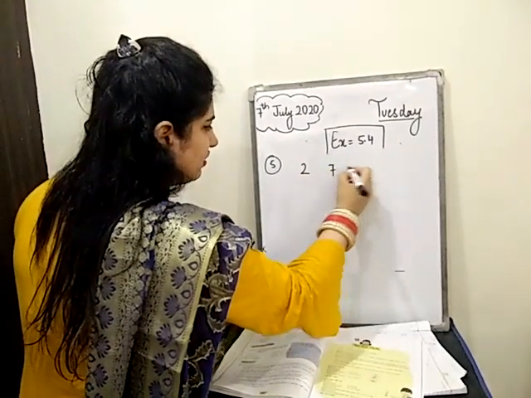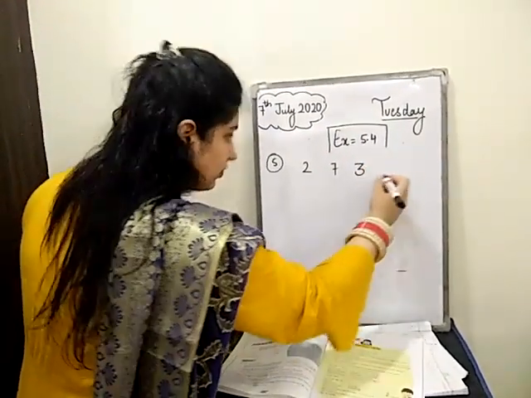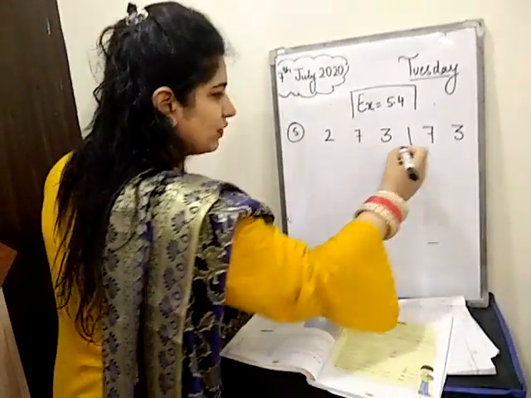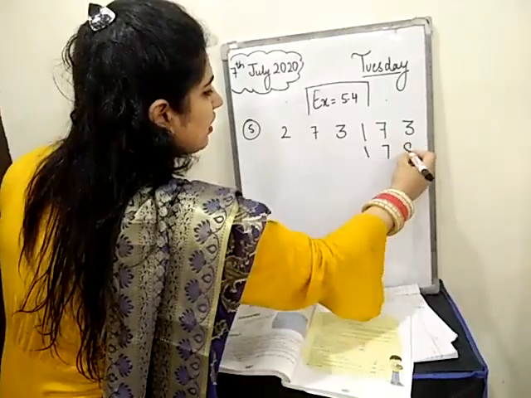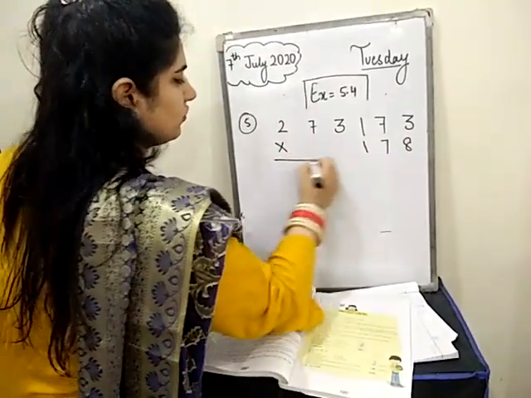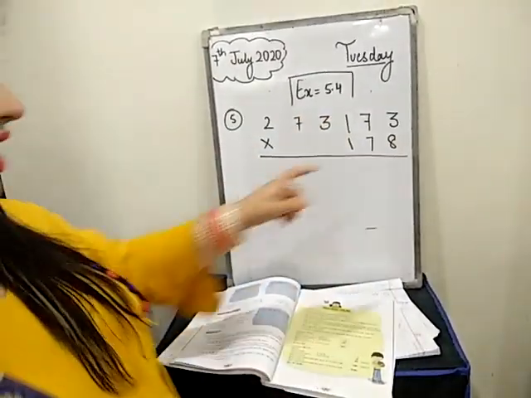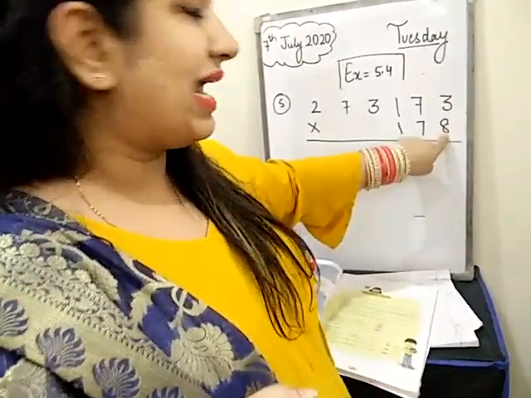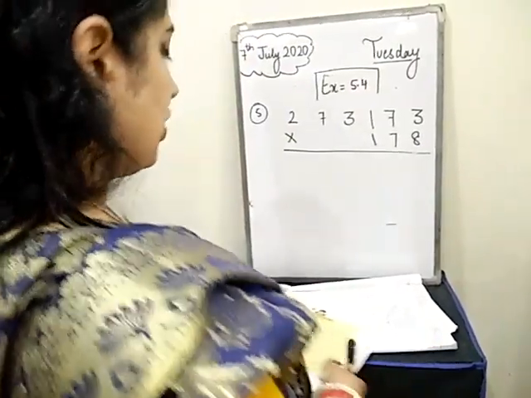273173. You have to multiply this with 178. So what you will do, again, you will start multiplying from the right hand side. You will multiply 8 with 3. It will be 24. So here 4, carry 2.